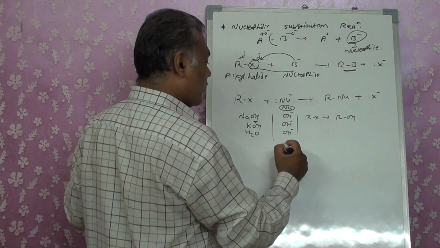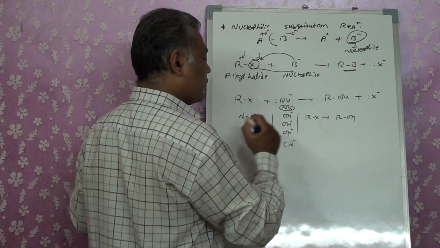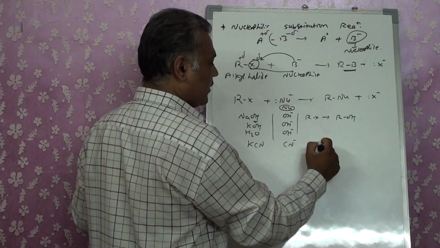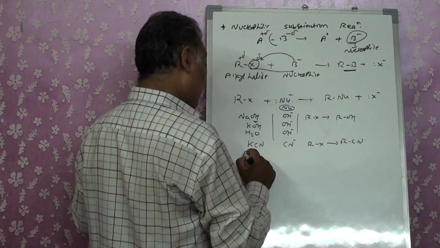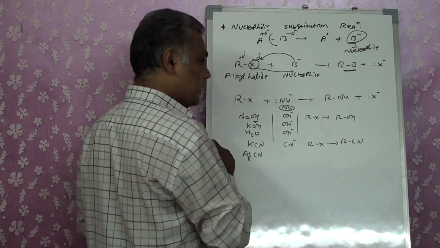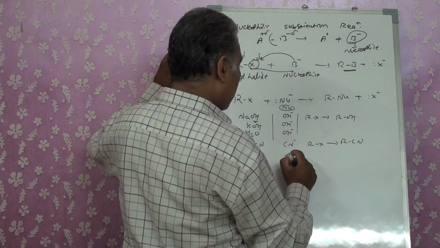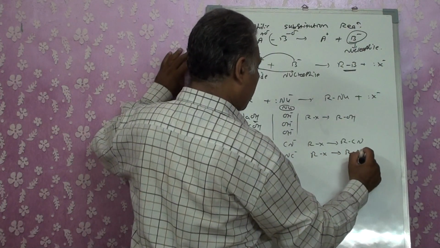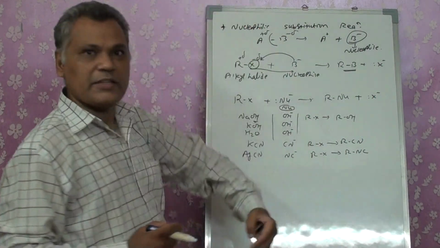Similarly, if I want CN, I can use KCN. It will produce CN, so RX changes to RCN. In place of that, if I use AgCN, then in place of CN, I get NC. RX changes to RNC. See, the whole table is given in your textbook.